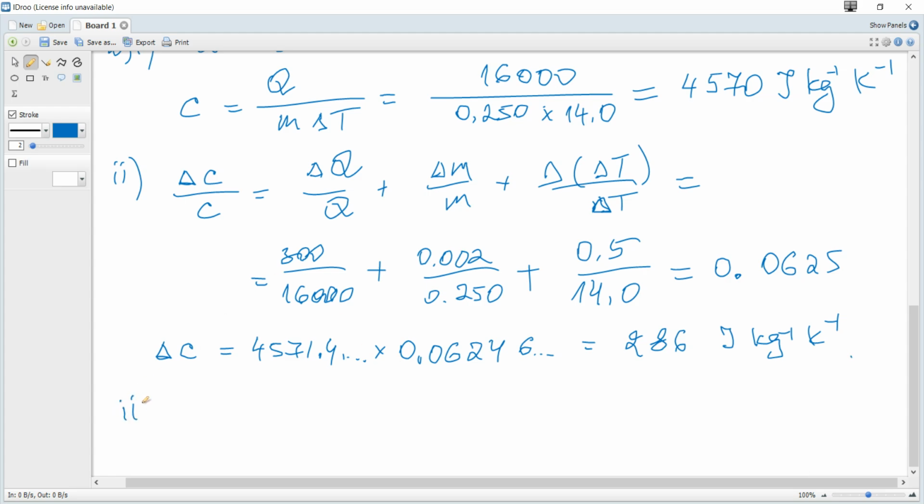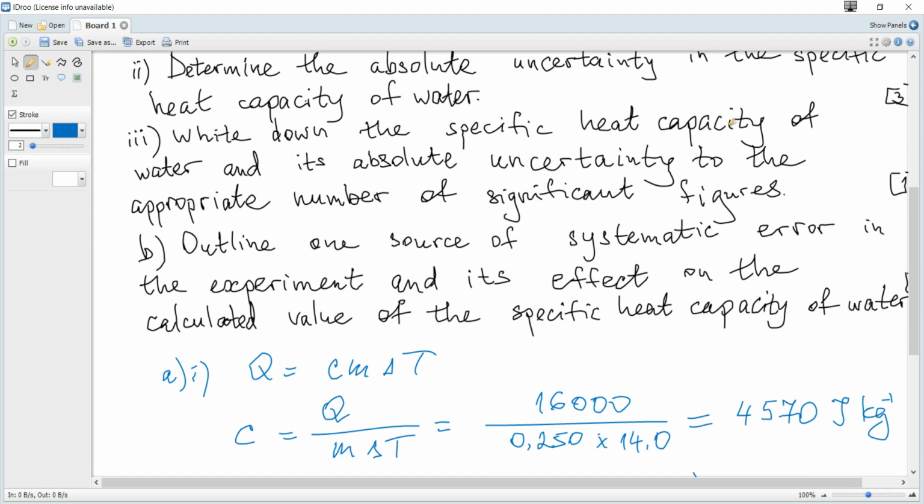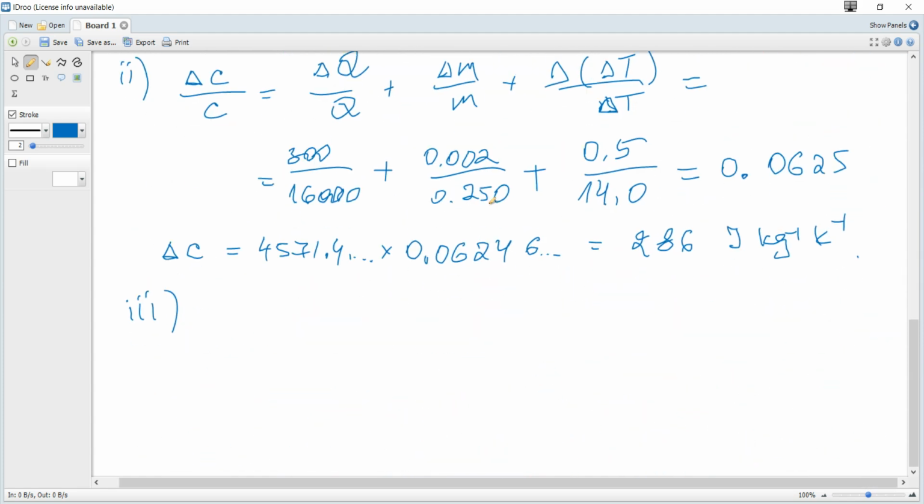And finally, write down the specific heat capacity of water and its absolute uncertainty to the appropriate number of significant figures.